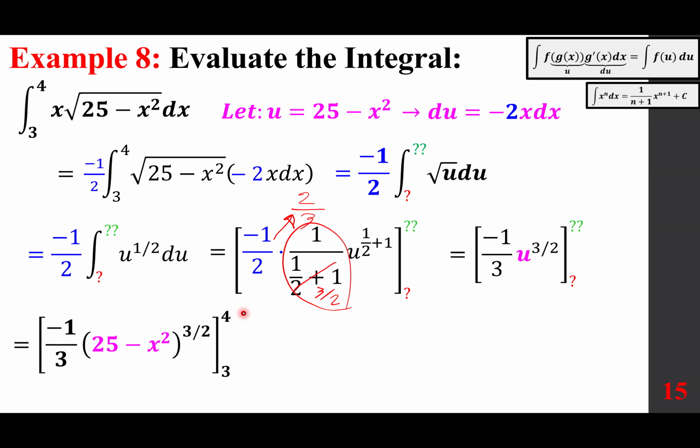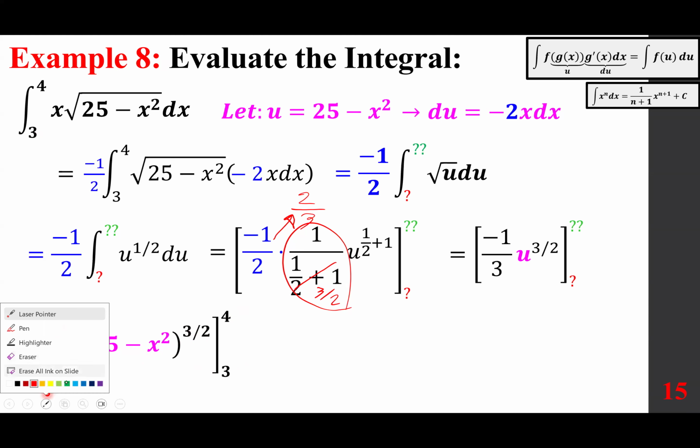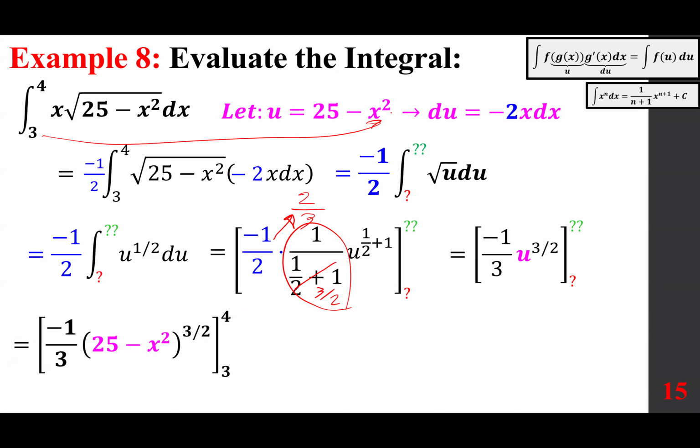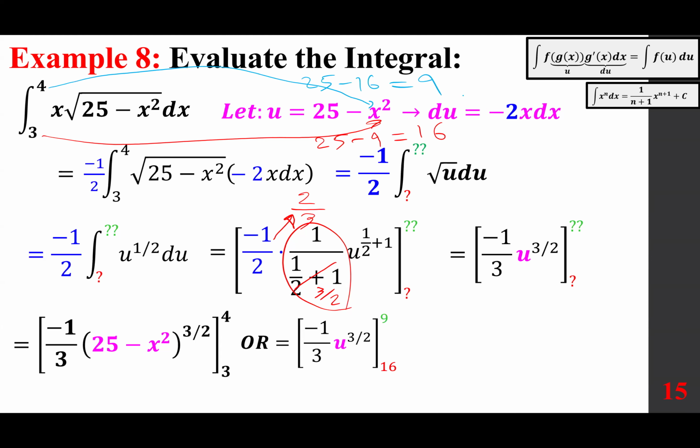Or we can figure out the new limits. So we're going to plug in number 3. When I square it, I get 9. 25 minus 9 is 16. I can plug in 4. Squared, I get 16. 25 minus 16 is 9. And those are the new limits, everybody.